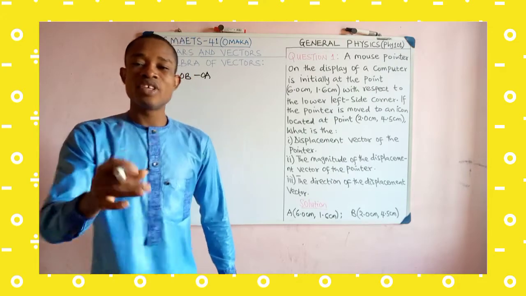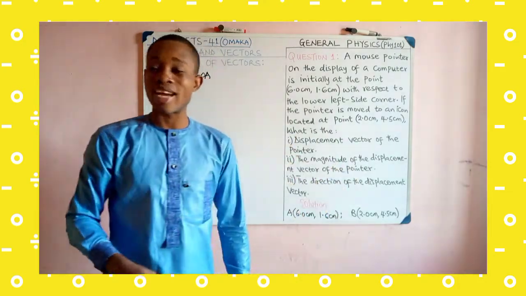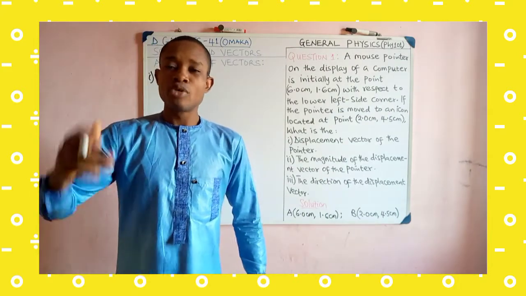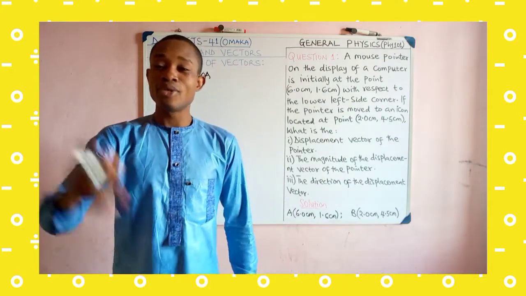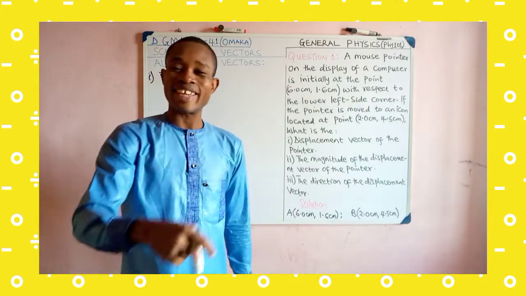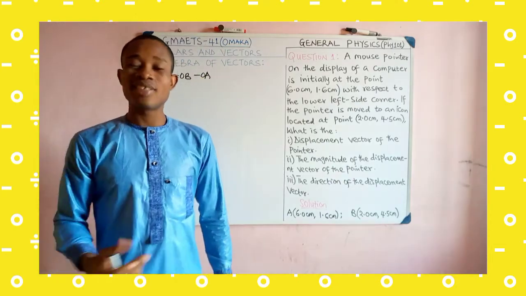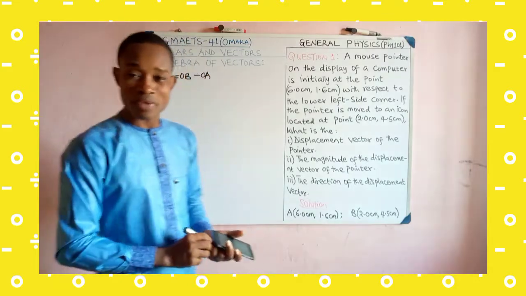When you have OB, it simply means point B minus point O, the point of the origin. Like I said, the origin is usually 0, 0. So even if you do B minus O, you still get your B. If you do A minus O, you still get your what? A. So eventually, even if I write OB minus OA, it's the same as B minus A, the final minus what? The initial. Are you ready?